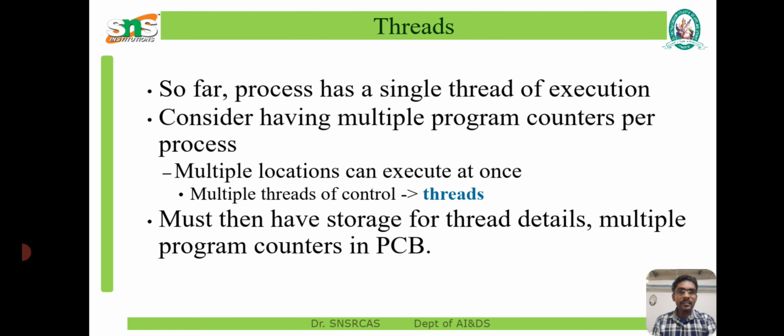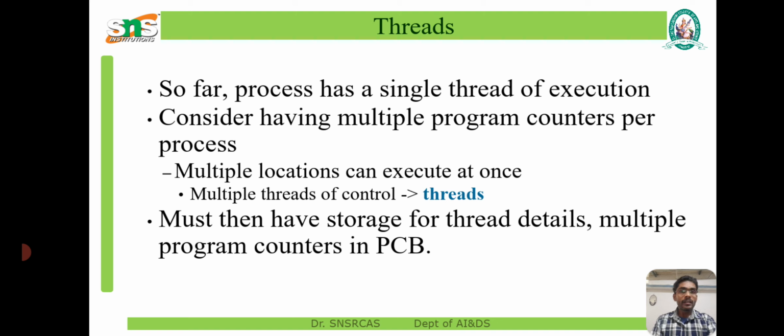And another simple concept here is threads. A process has a single thread of execution. When considering multiple program counters per process, multiple memory locations can be located at once. It means that no process will be executed in a parallel or multiple way.